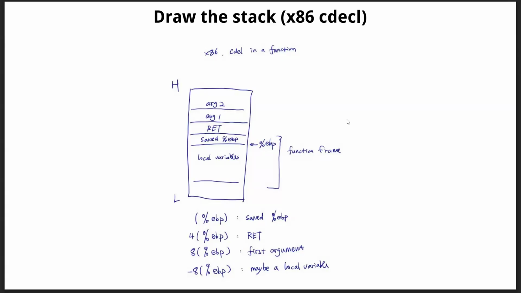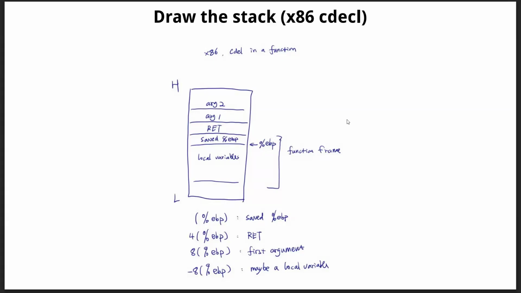They are pushed there by the caller, okay? After that, the caller will make the call instruction, which will push the return address. So after argument 2 and argument 1, we will have the return address. I will just call it RET there.